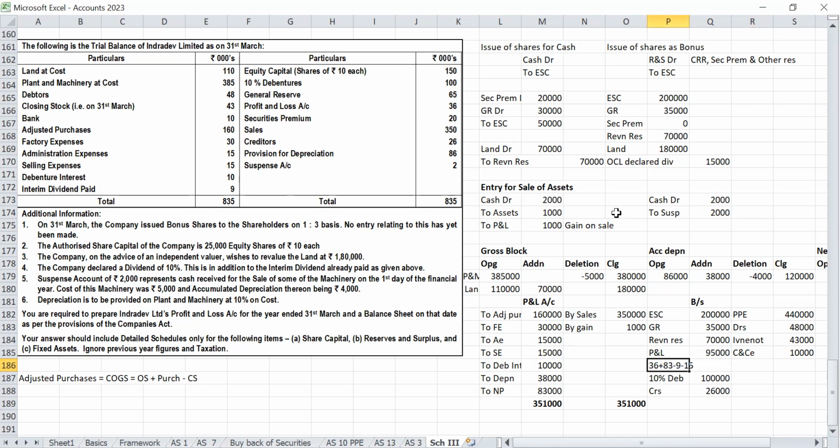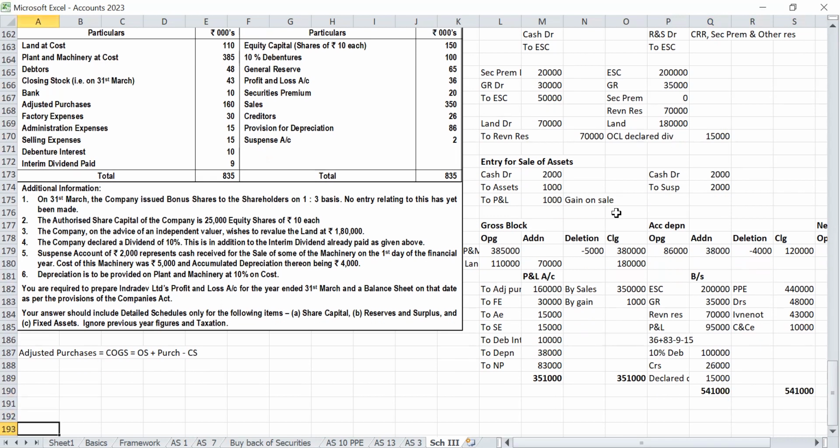Then other current liabilities: declared dividend is there, 15,000, you have not yet paid, just declared. So total tallied.